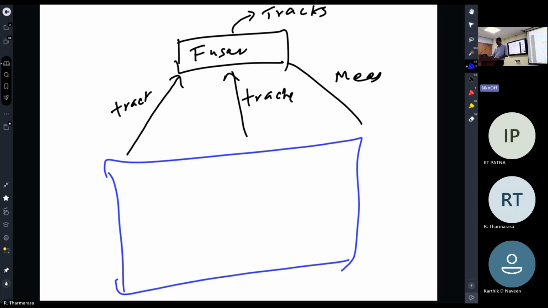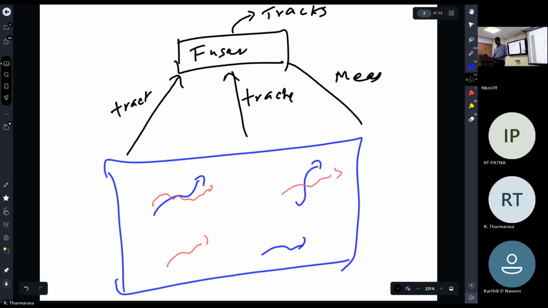This first tracker says there's a track here, and here. And this second tracker says it's somewhere here, and here. And this measurement says this. So now this is the information you have, from three different sources.